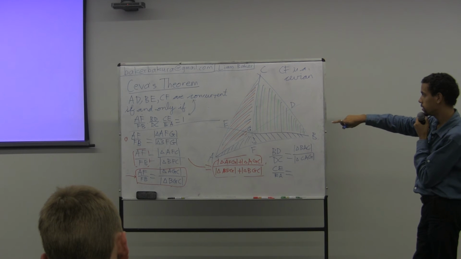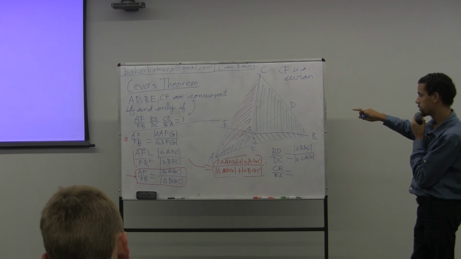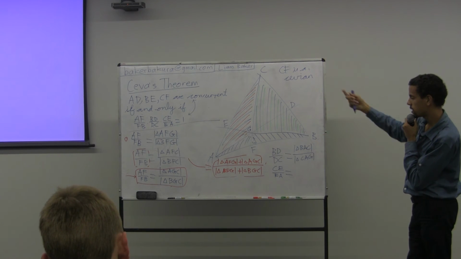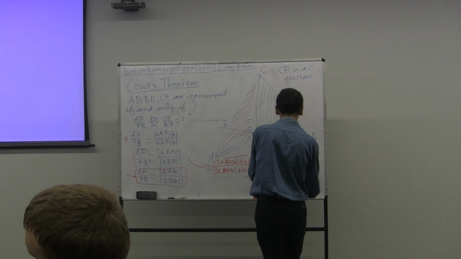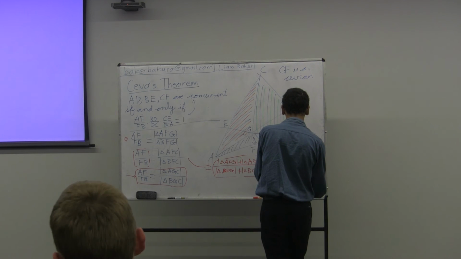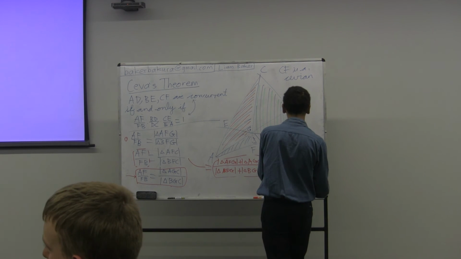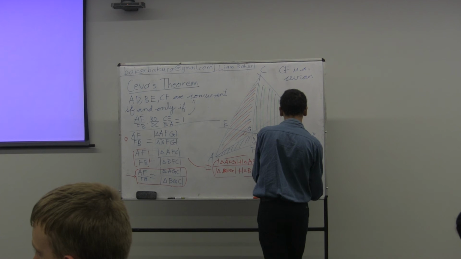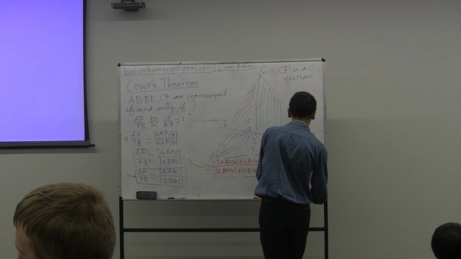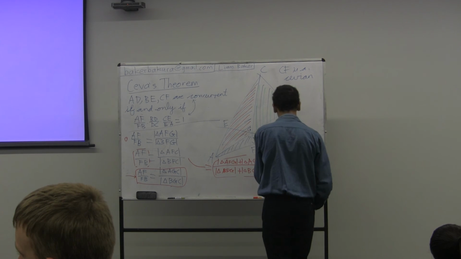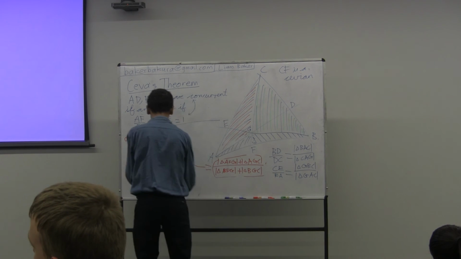Okay, so CE over EA, it's actually the other way around. Yeah. Okay, so the area of triangle GBC over the area of triangle GAC. Cool.